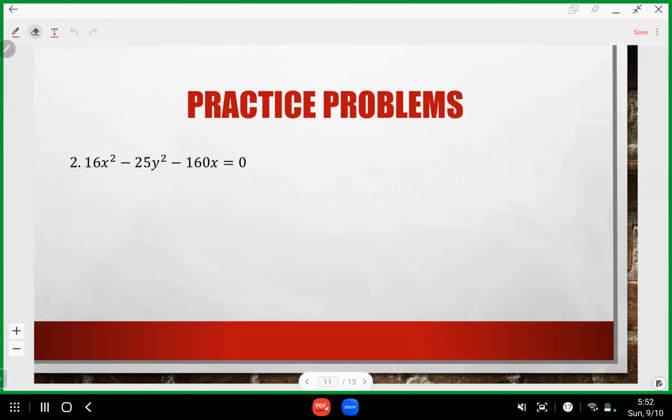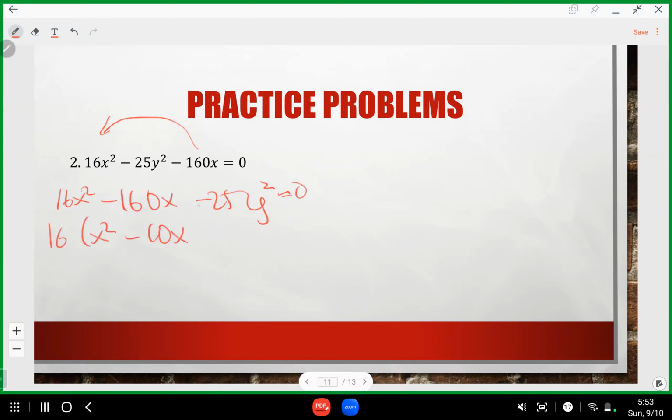So how do we do that? Remove the x's first. You would factor 16 out of 16x squared minus 160x, equals 0. And then you would complete the square.